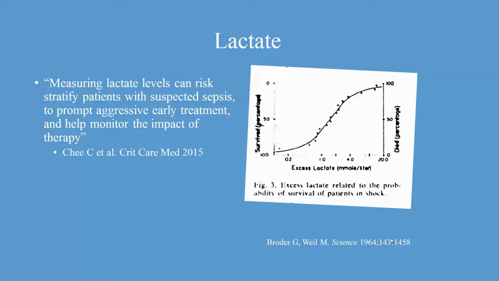So this one, again, on the right, going back to 1964, showed elevated lactate associated with worsening survival. And then the comment on the left, 50 years later, measuring lactate can help risk stratify patients to help drive our prompt, aggressive early treatment.